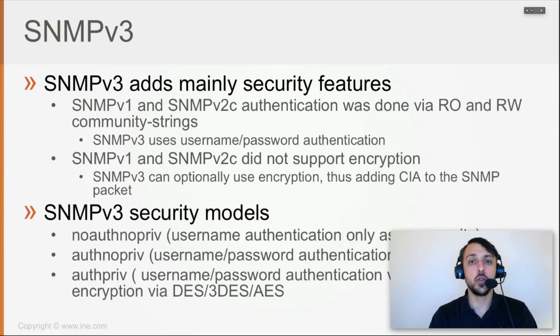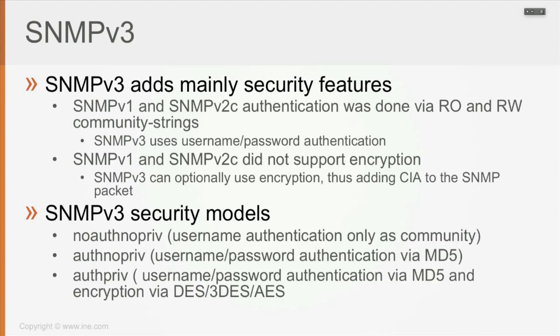Let's say you want to run SNMP version 3 only in the network, but your SNMP manager doesn't support authentication and encryption with the newest methods of SNMP version 3. Then you can use SNMP version 3 in noAuth, noPriv mode, which is pretty much like using community string authentication, sent in clear text in the packet. So clearly this is not something you would want to implement in a production network.